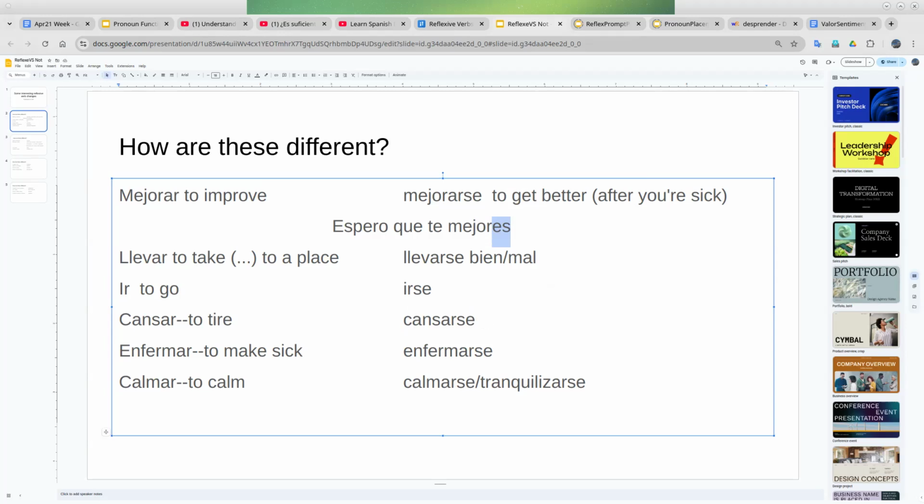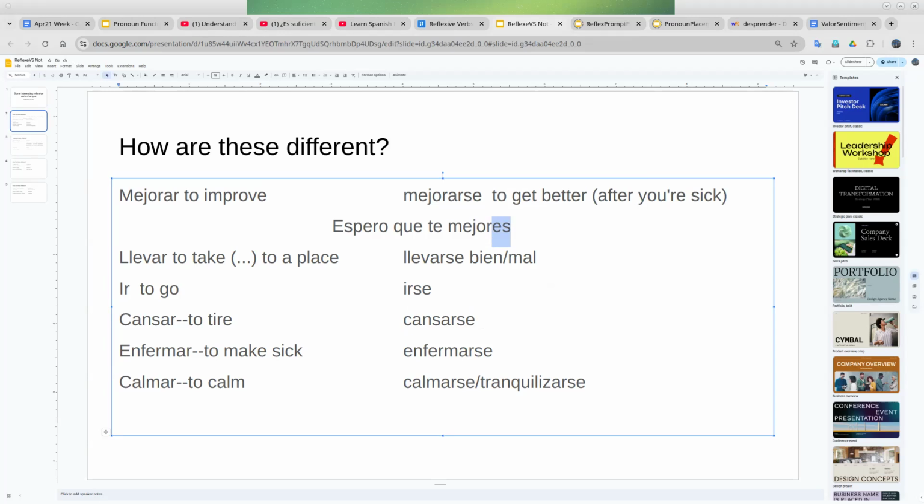Julie, question. Could you use it to get better at some activity, a sport or whatever? No, then it will just be plain, not reflexive. El nuevo miembro del equipo, the new team member, ¿sí?